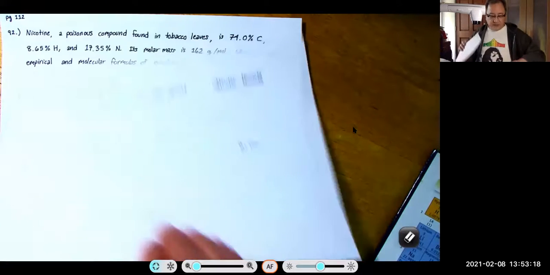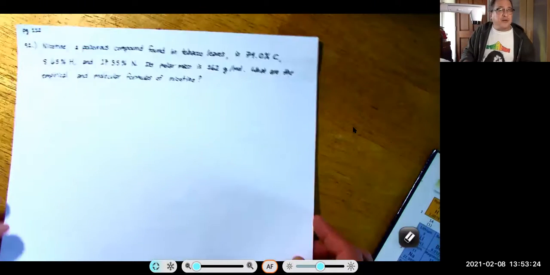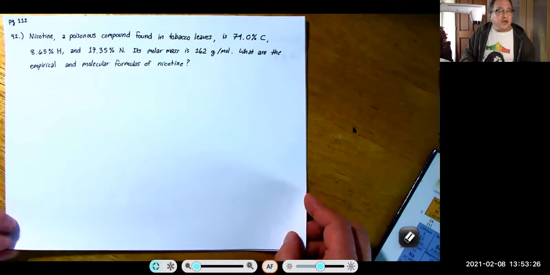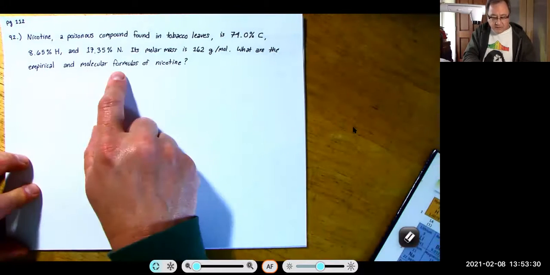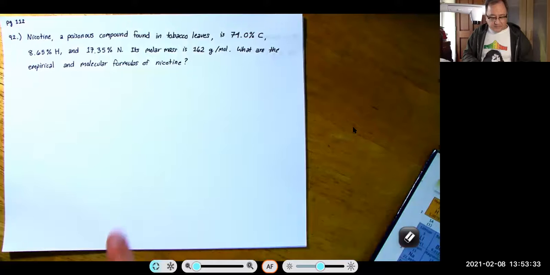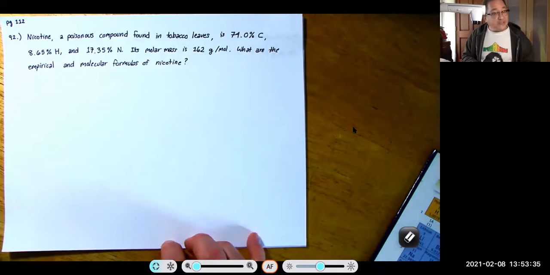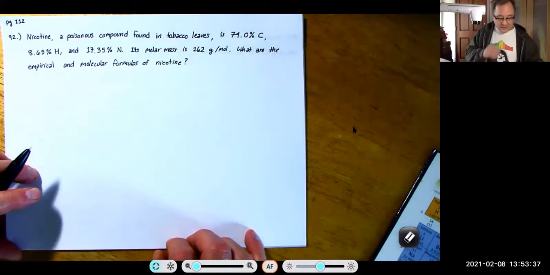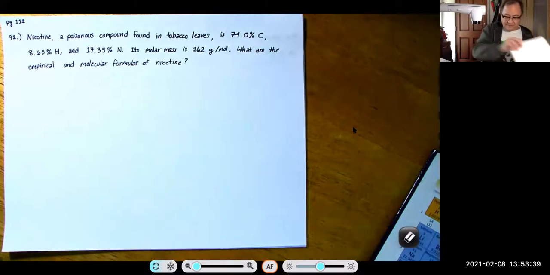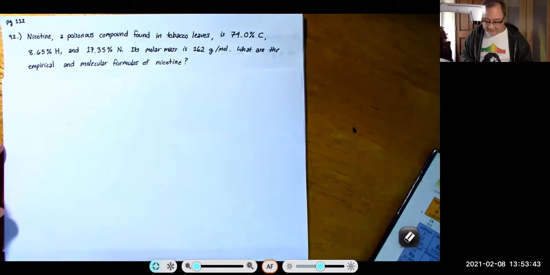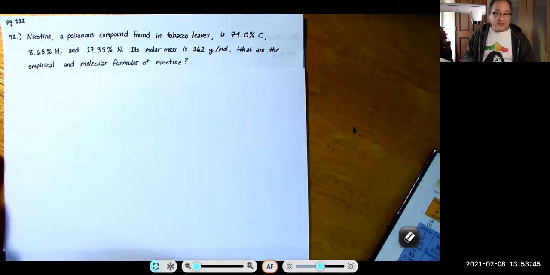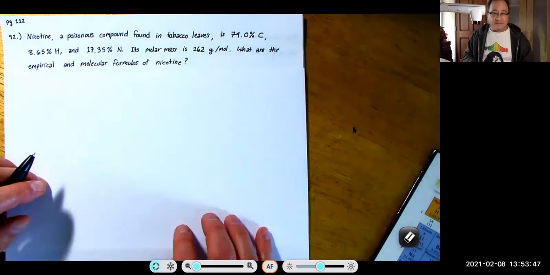Okay, so this next one, we're asked to determine the empirical formula and molecular formula of nicotine. So nicotine, a poisonous compound found in tobacco leaves. It's not funny, it is poisonous. Are any of you smokers? Because if you are, you should stop.